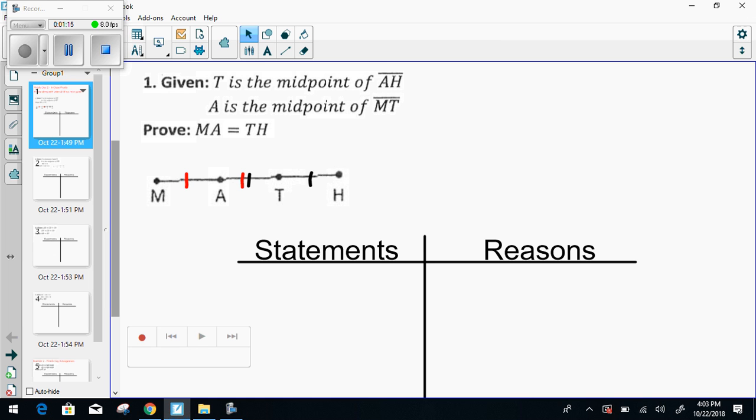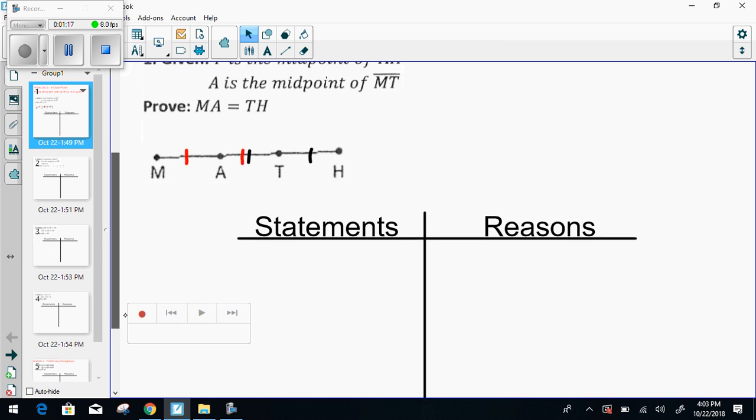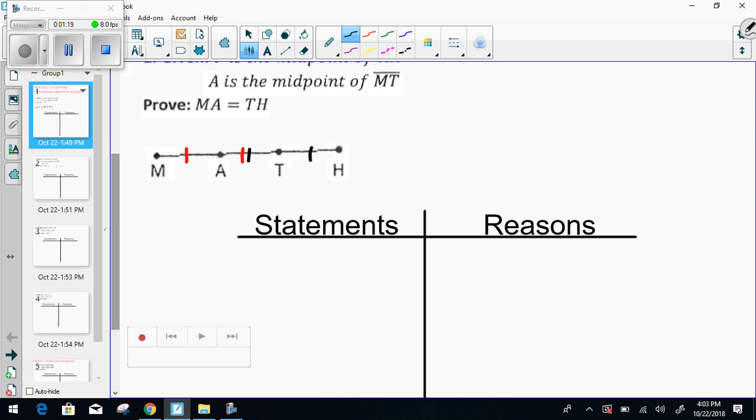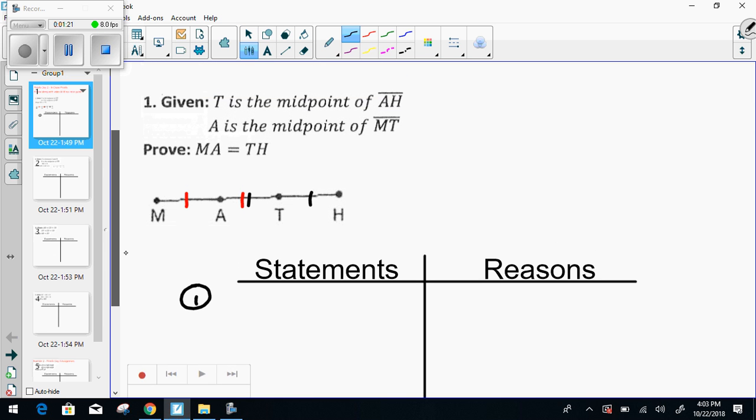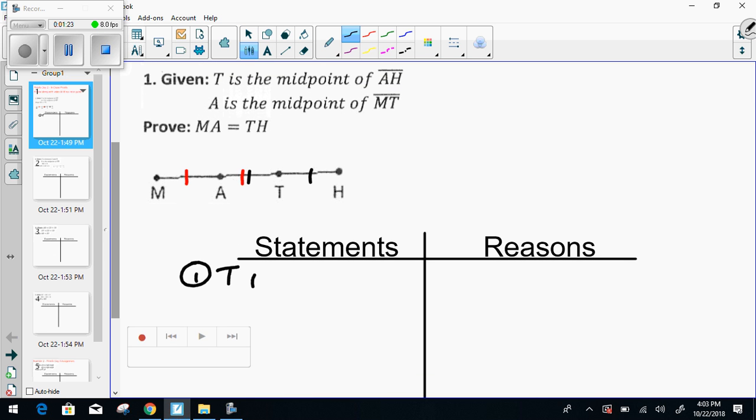Let's go ahead and fill in our T-chart. So step number 1, list all of your givens. You are given that T is the midpoint of AH.